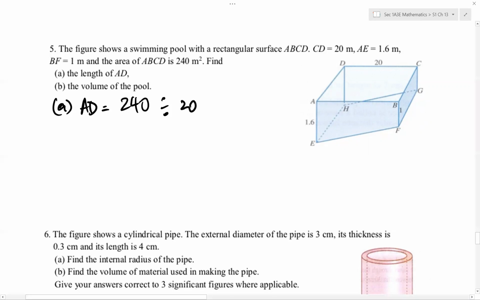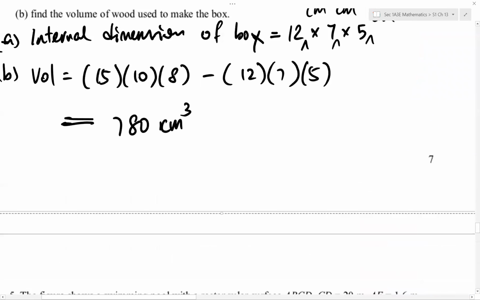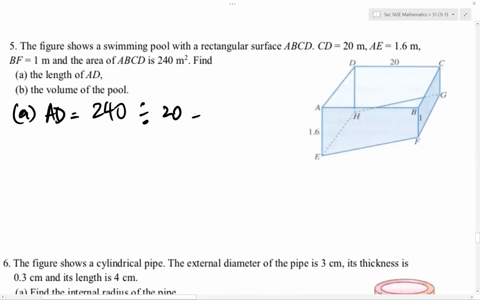Okay, so we get 12. 12 units meters. Okay, good. Next.